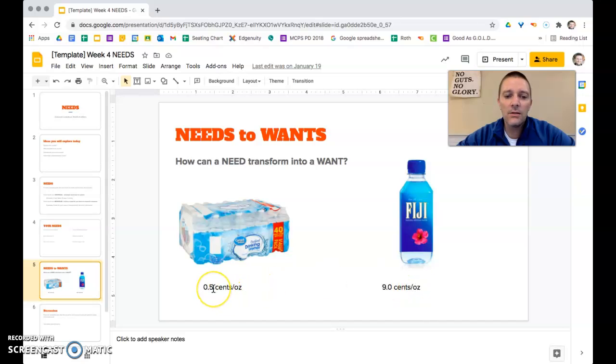So we're spending some astronomical amount per ounce compared to what we can get it for somewhere else. So why is this? Well, obviously there's other things involved here that we'll spend up for. The packaging, the branding, things like that. And we'll talk about that in more detail throughout the week.